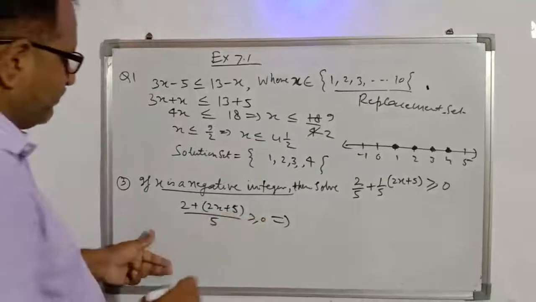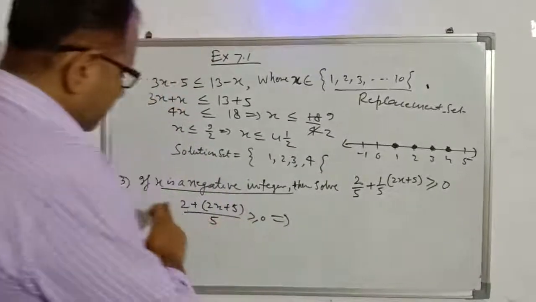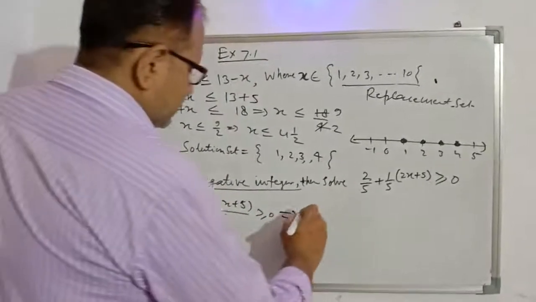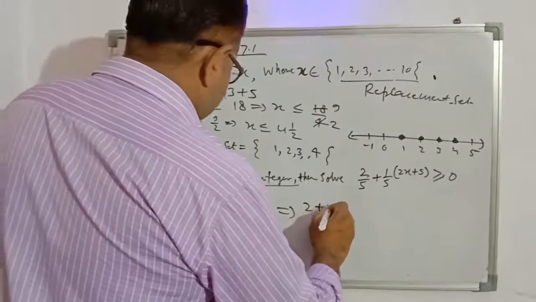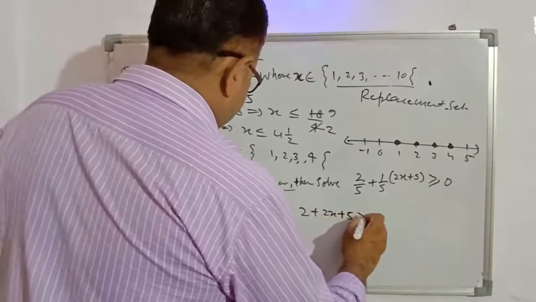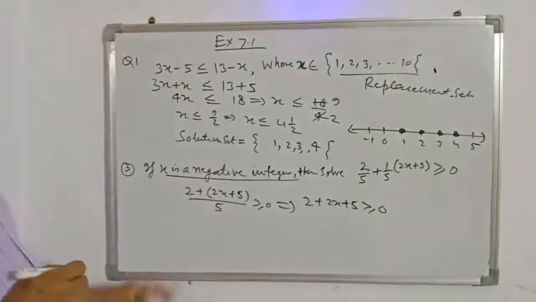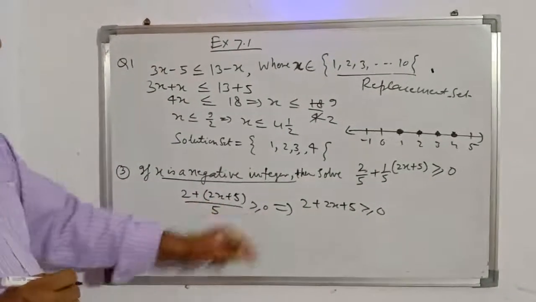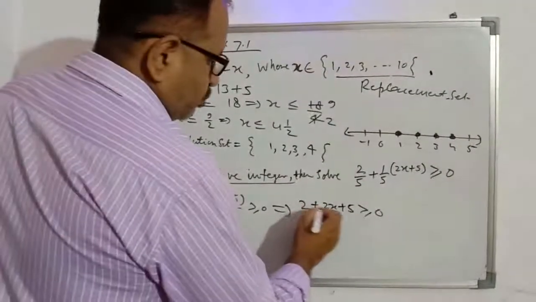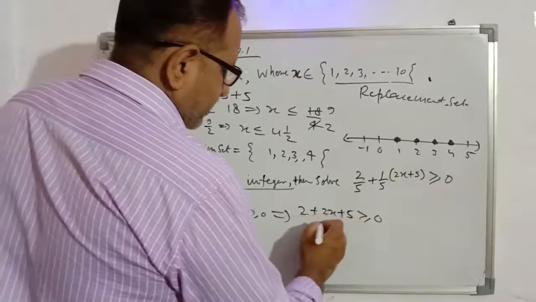Multiplying by 5 on both sides, we will get 2 plus 2x plus 5 greater or equal to 0. 2 plus 5 is 7.